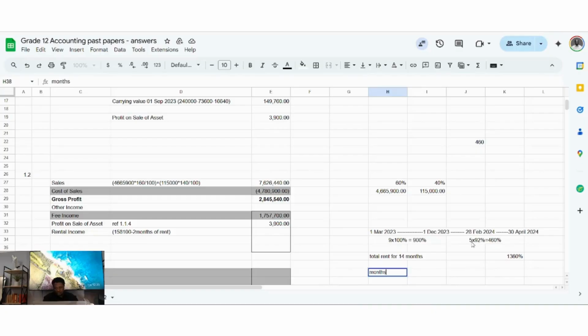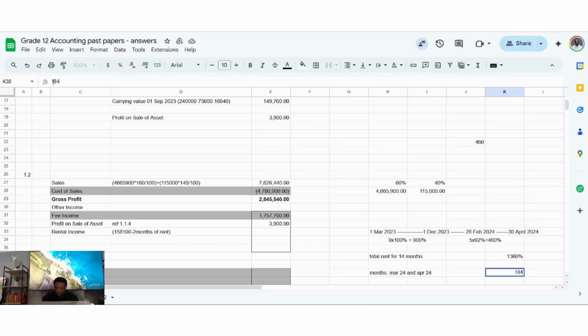Months of March 2024 and April 2024, that is basically 2 months, right? And in percentage terms that would be 92% times 2, which would work out to 184. So that's basically 184%.